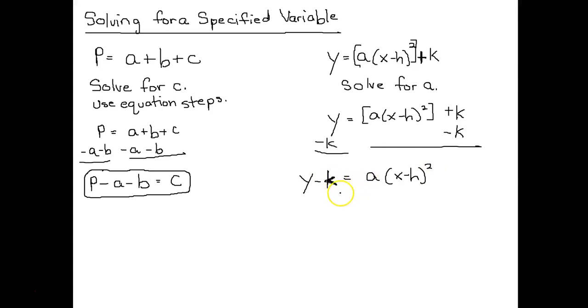All right, and then I'm still trying to solve for a, and I notice that I have a times x minus h squared. So I can go ahead and divide both sides by x minus h squared.